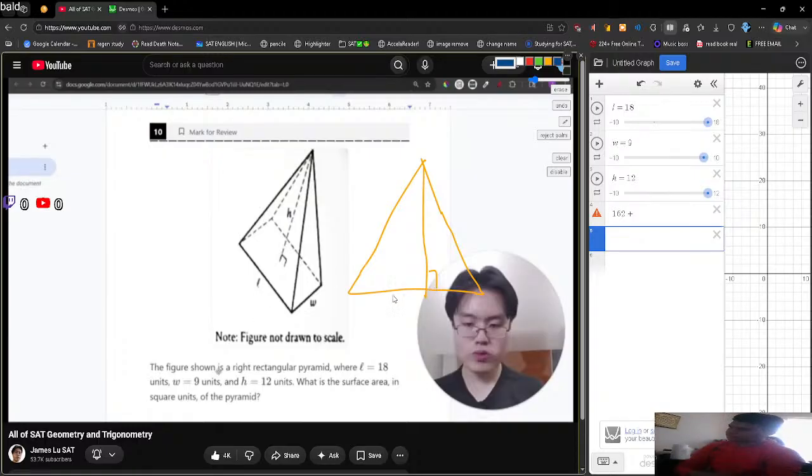If we made it flat, the bottom one will be L, which is 18, and H is 12, and this part we don't know. Oh my god, this is like an illusion. This is this part. Okay, so we need to find the hypotenuse, but we also have to remember that the line height is in the middle.